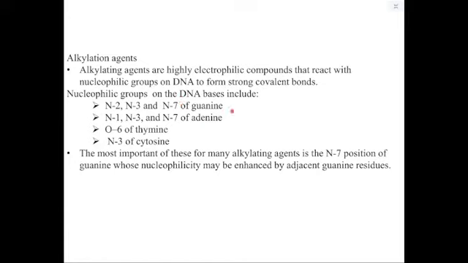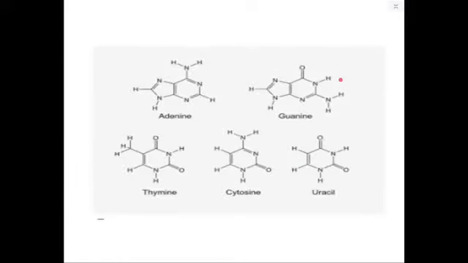Nucleophilic groups on the DNA bases include, for guanine, N2, N3, and N7. If you look at guanine, this is N2, N3, and N7. This one here usually binds with your ribose sugar, so it's not available.